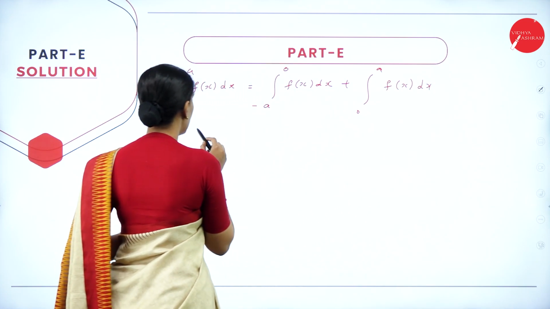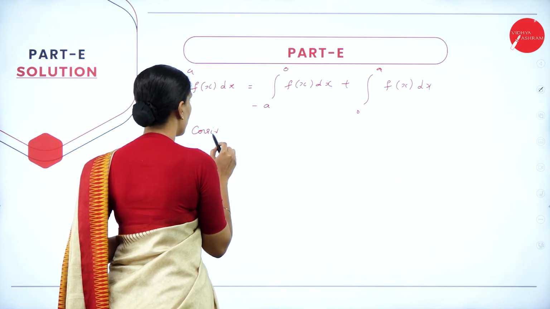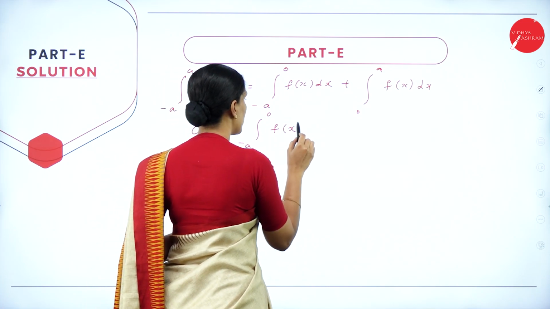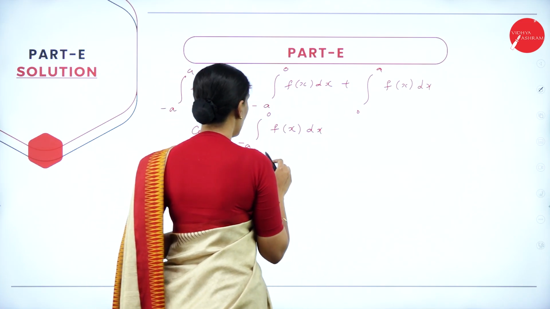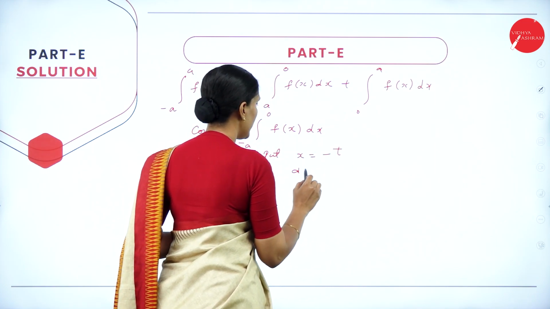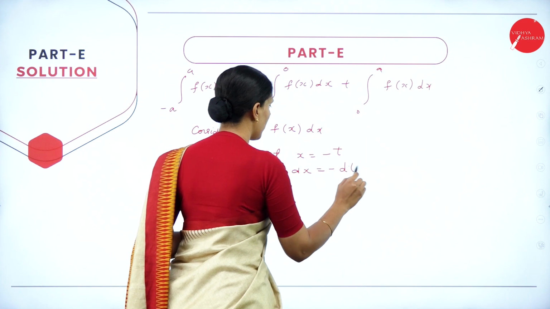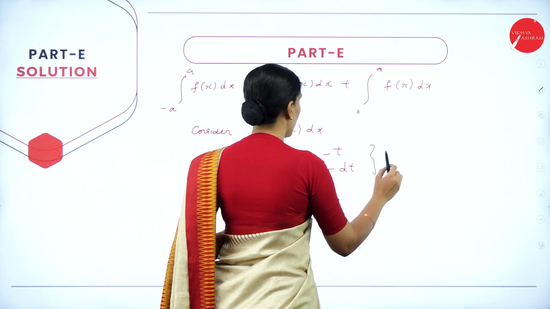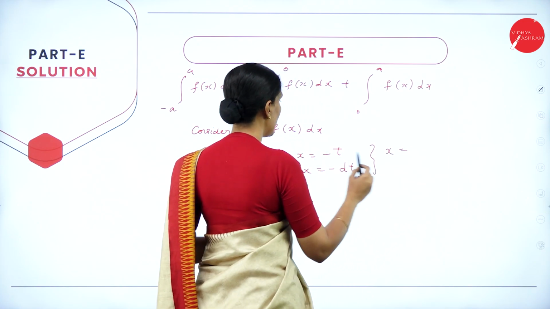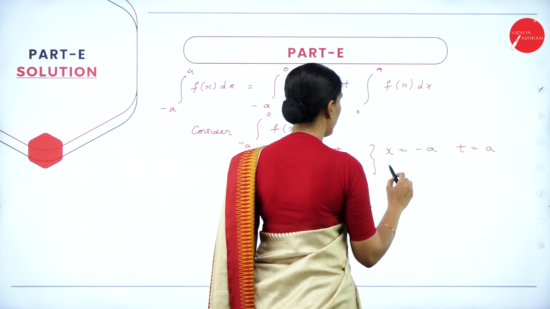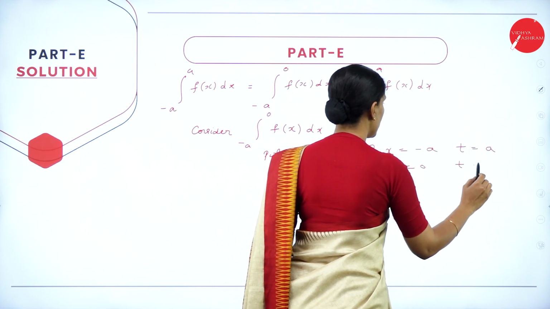Now let me consider the first integral here, minus a to 0 f of x dx. Here put x is equal to minus t, then dx is equal to minus dt. So if you take x is equal to minus a, then t is equal to a, and if you take x is equal to 0, t is equal to 0.